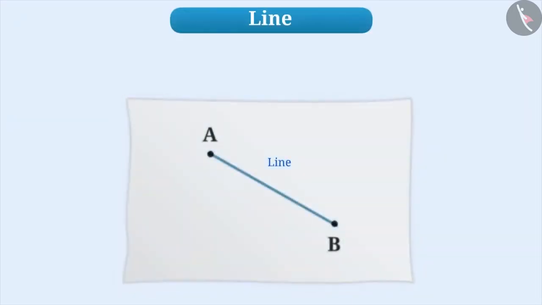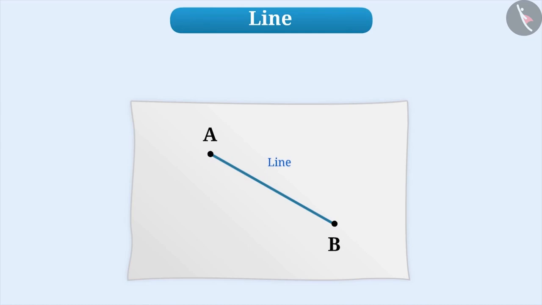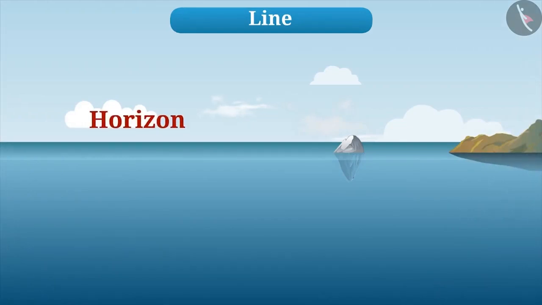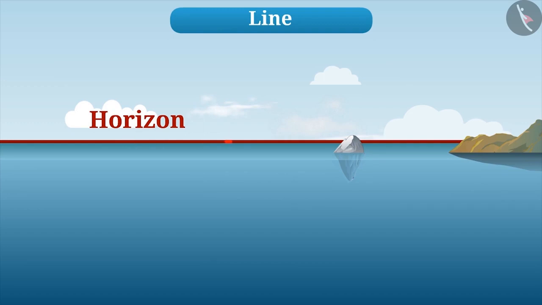Now let us learn what is a line. If we extend both sides of a line segment without any end, then we get a line. On the horizon, where the sky and the earth meet, you must have seen a line. There is no end to a line.